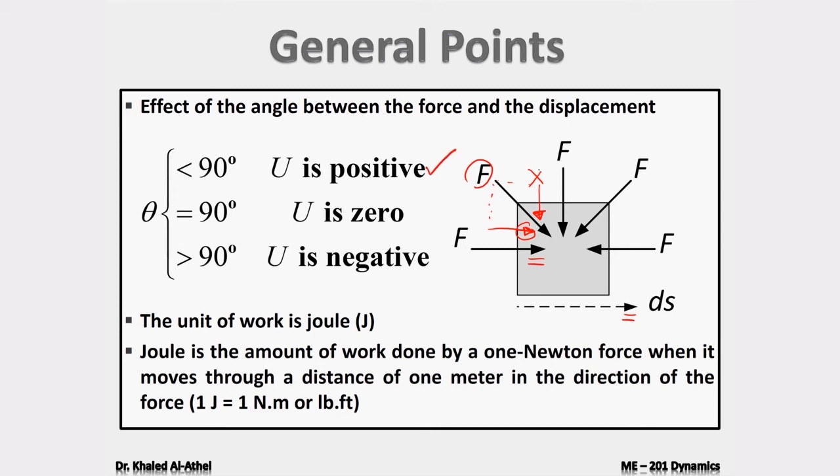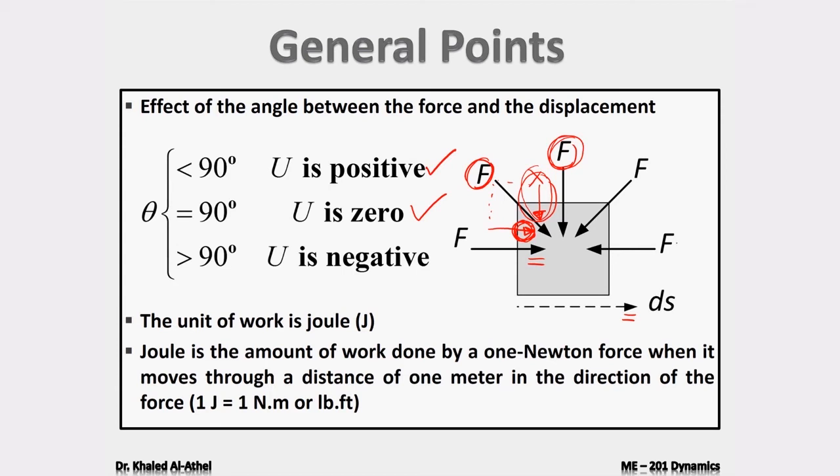Second one, if you have a force similar to this one that is perpendicular, then work done is 0. So this F does not give me any work, whereas this F will give me two components. This one will give me work, whereas this one will not give me any work. And the work done is positive by these.